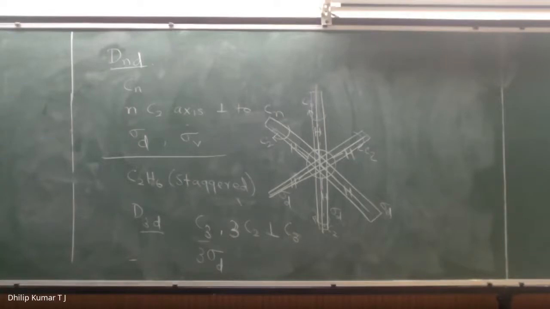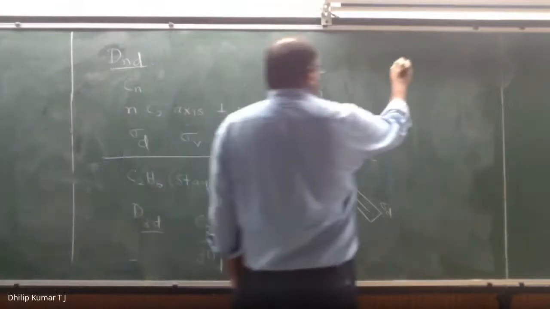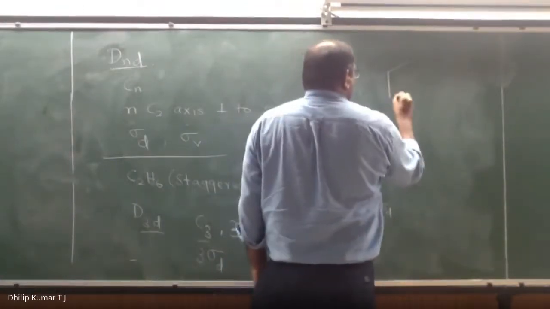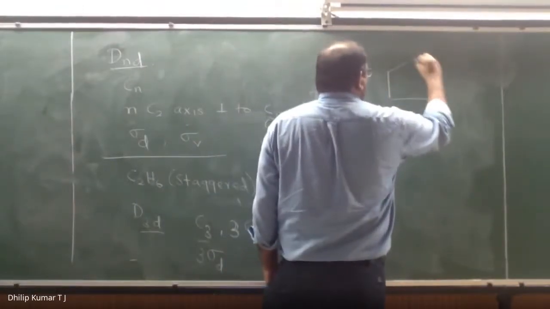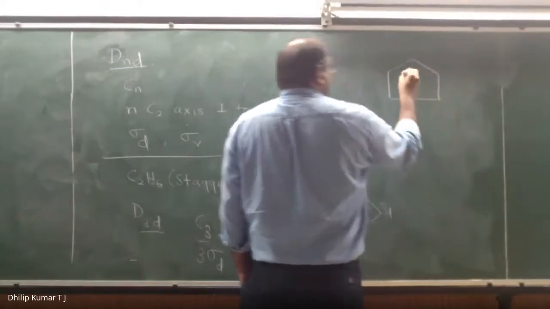Yeah, so D3d, for example, is the staggered conformation of ethane. As we have discussed earlier, the ferrocene staggered conformation is also D5d. I don't want to draw it again. You practice it. I hope you practice yourself because in the exam it will be very difficult.